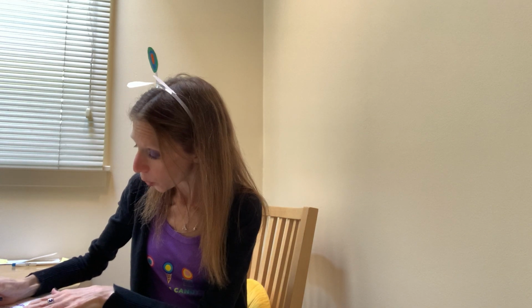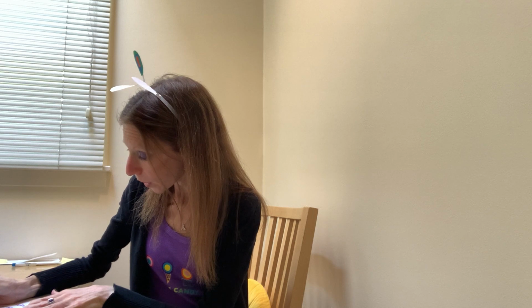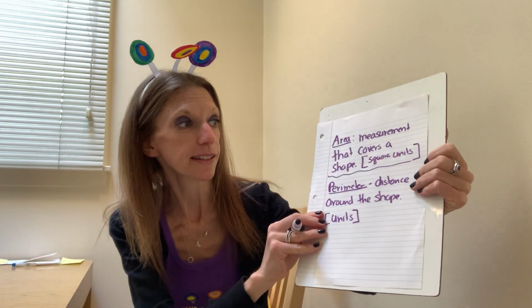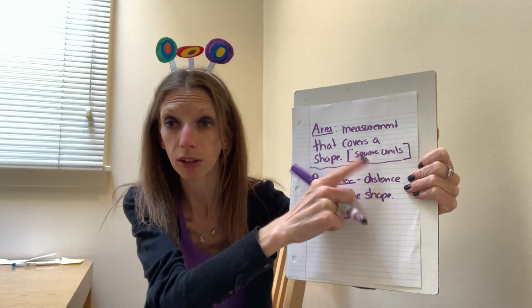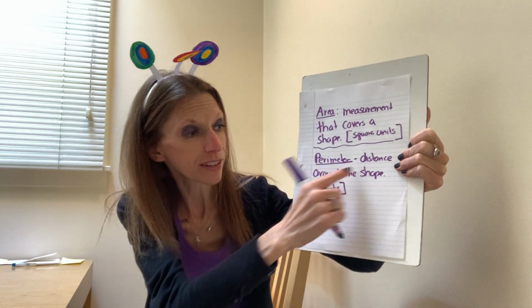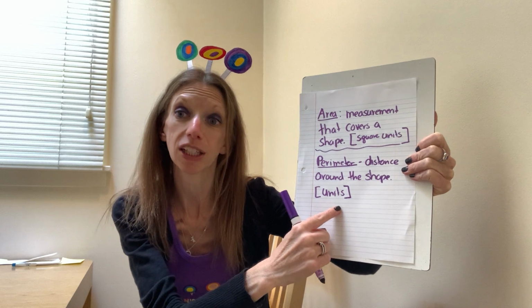Square units. Now, make sure you label correctly on your classwork today, or you know what it means, minus 1. So, area is the measure that covers a shape. Square units, you measure it in. Perimeter, the distance around the shape, you measure it in units.